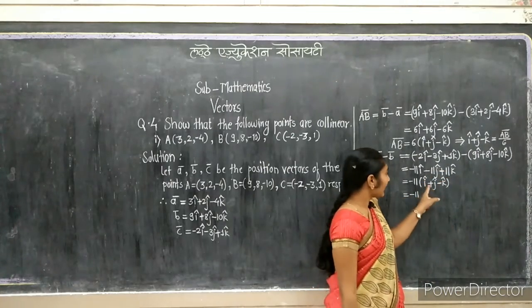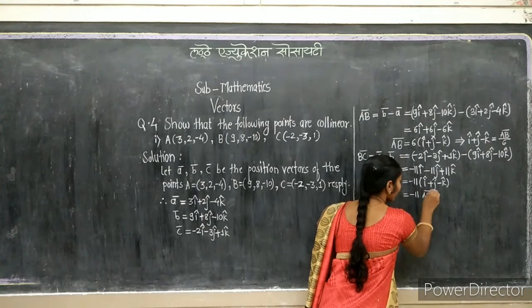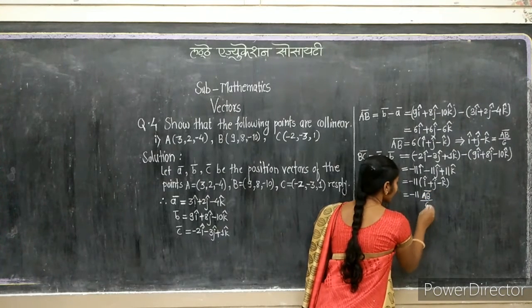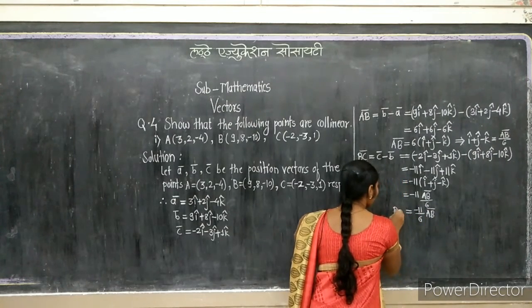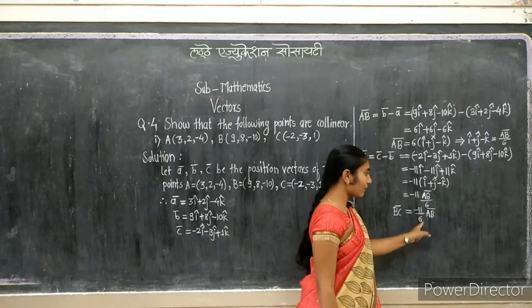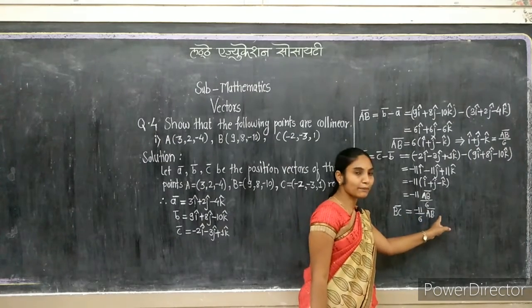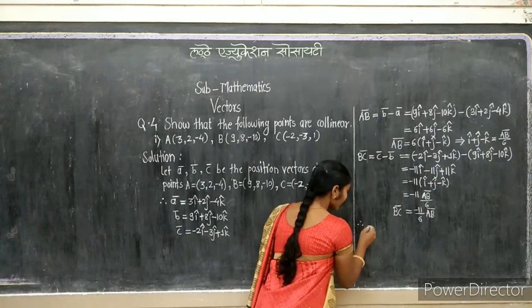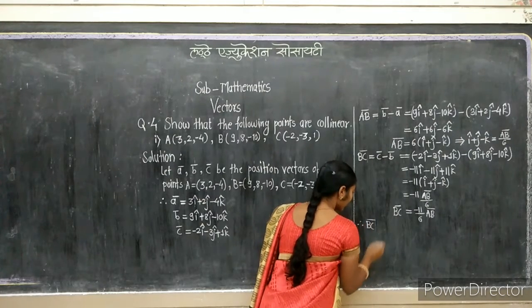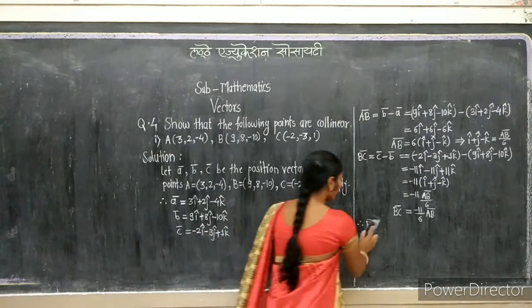That is, BC bar is equal to minus 11 by 6 AB bar. That is, BC bar is a scalar multiple of AB bar. Minus 11 by 6 is the scalar multiple.